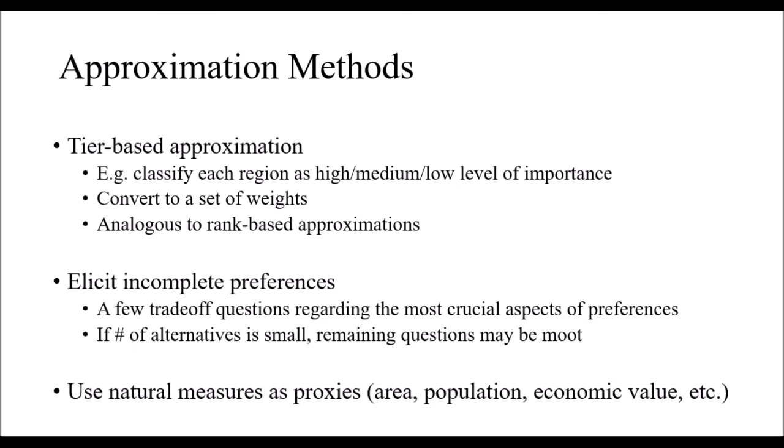Another approach is to use natural measures like the area of the region, how many people live there, et cetera, as proxies. And that's what the forest management analysis did. But I would add here that if it's really easy to do this, if you find that just multiplying the attribute level by the population or by the area captures how you feel about how relevant each one of these regions is, then you probably don't really have geographic preferences.